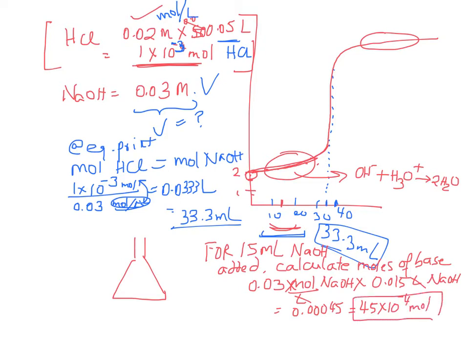And it makes sense based on what you have added. Because you're before the equivalence point, the moles of acid should be more than moles of base. So it makes sense for the numbers that we have.